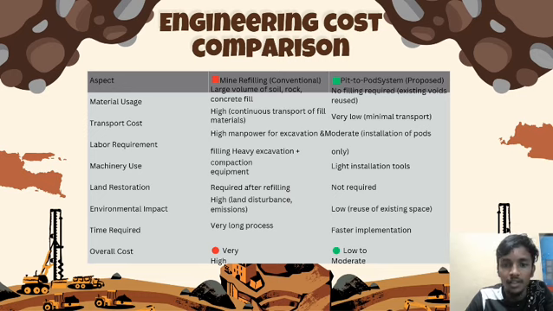Land resource: refilling often requires space. Environmental impact: refilling causes both emissions and land disturbance. Our approach is very low impact. Time and cost: refilling is slow and very expensive. Ours is faster and low to moderate cost. So red is bad, green is very good, and we are clearly the green option.